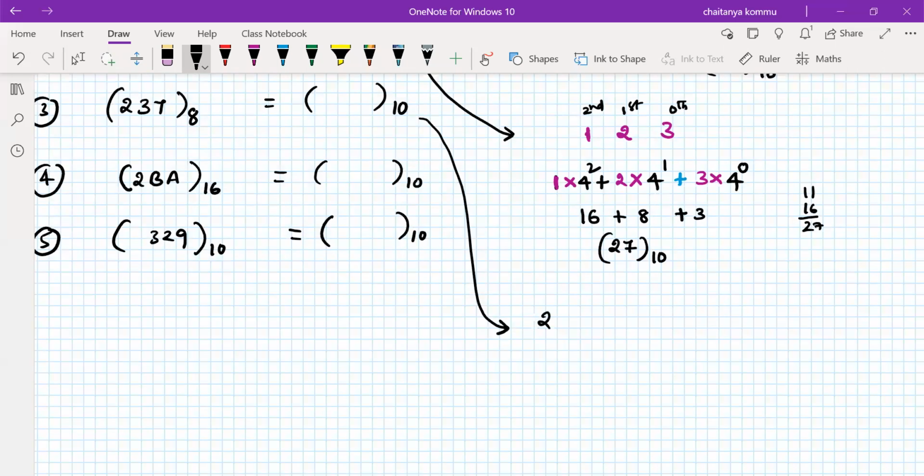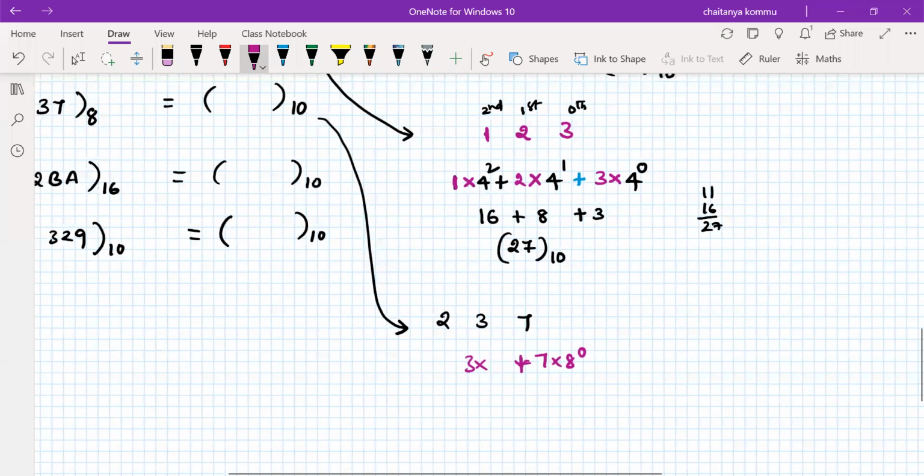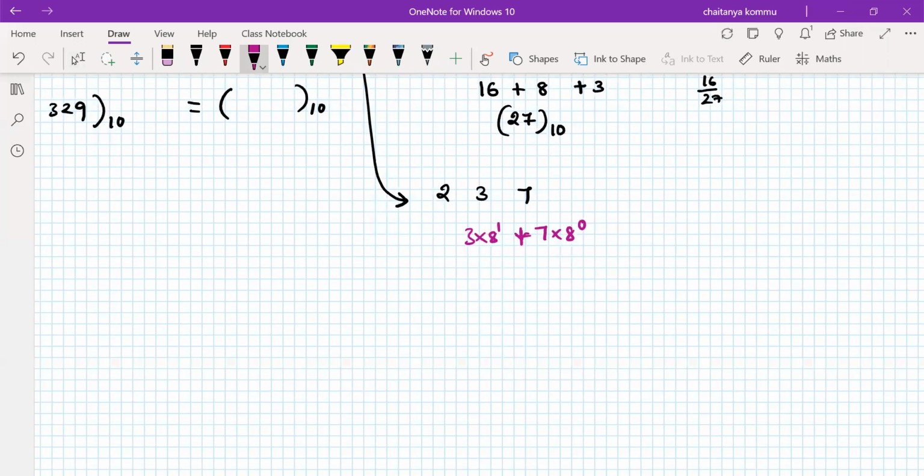2, 3, 7 in octal. So what is the value? 7 into 8 power 0, plus 3 into 8 power 1, plus 2 into 8 squared. What is the value? Can anybody tell me? It is 7, 24, and 2 into 64 is 128.